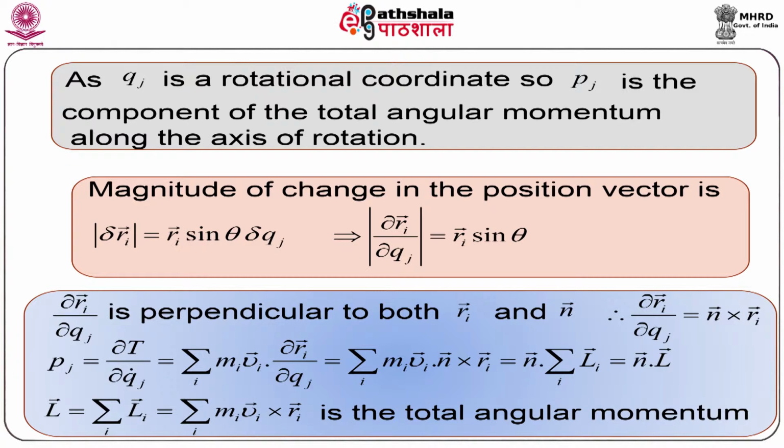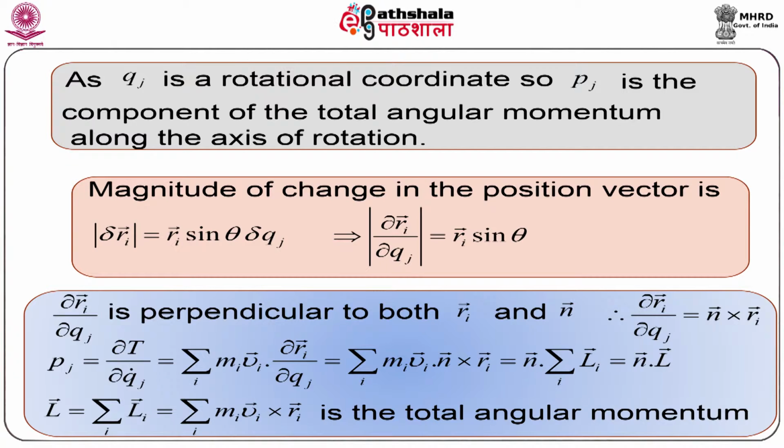This gives the absolute value of del Ri del Qj equal to Ri into sin theta. Now, del Ri del Qj is perpendicular to both Ri and n vector. Ri is the position vector, whereas n is the unit vector considered along the axis of rotation. Therefore, del Ri del Qj equals n cross Ri.